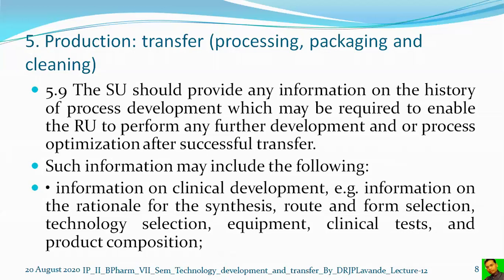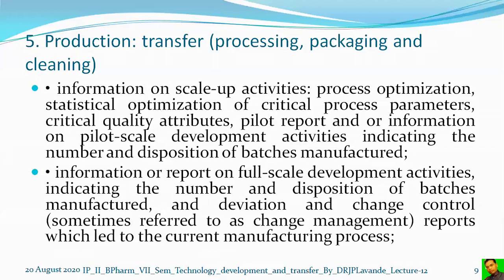Now, what history related information is required? That has been given in detail. Information on clinical development, for example, information on the rationale for the synthesis, route and form selection, technology selection, equipment, clinical tests, and product composition. This information needs to be provided by the sending unit to the receiving unit.